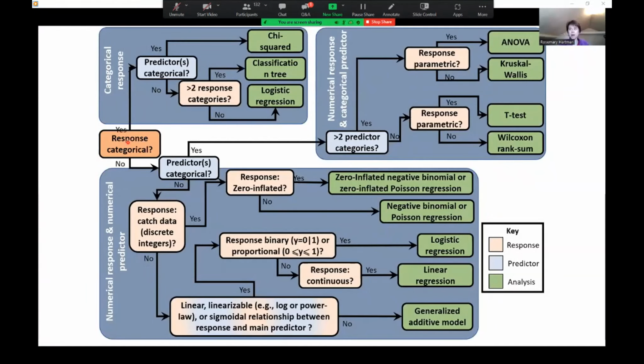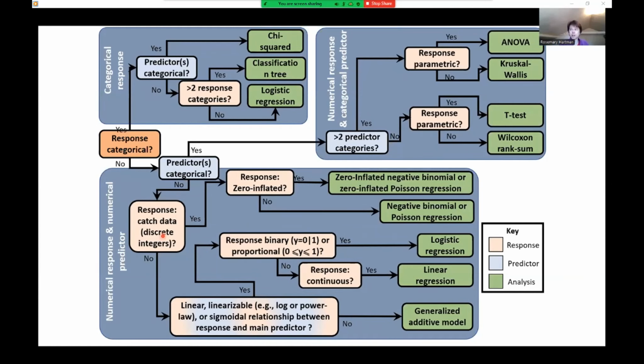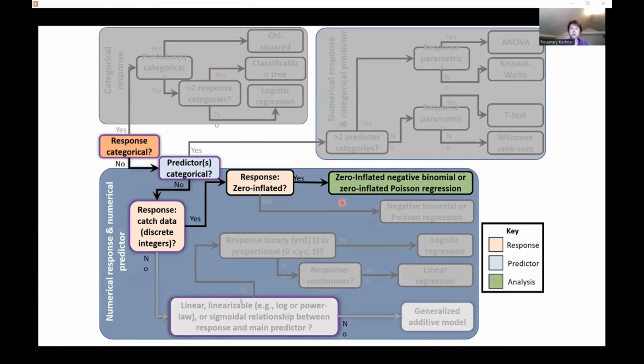We started with our response not being categorical, our predictors not being categorical, and looking at data that are discrete integers. Now, in the last presentation, we said the response was not zero-inflated, so we went to negative binomial or Poisson regressions. Well, now we're going to see what happens when your data are zero-inflated, so you have too many zeros.